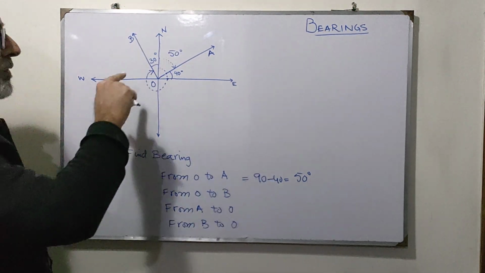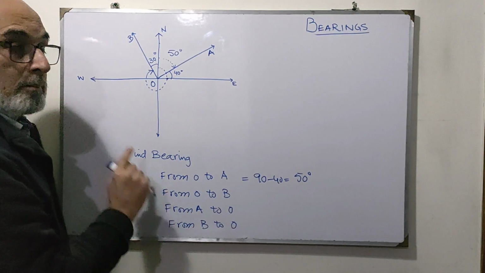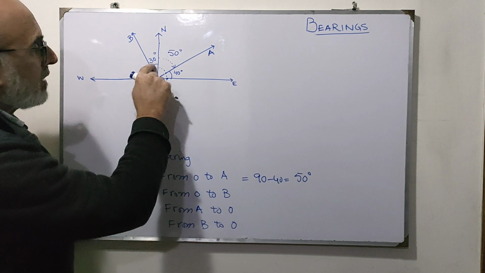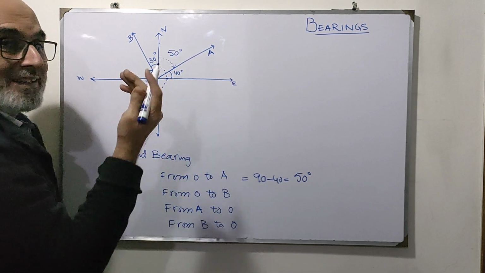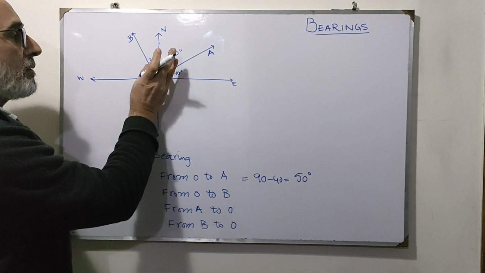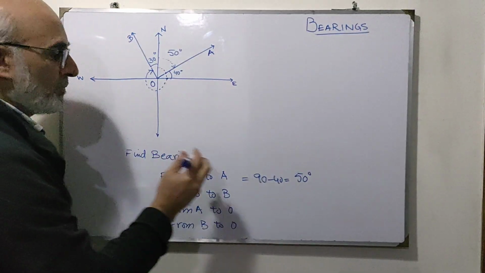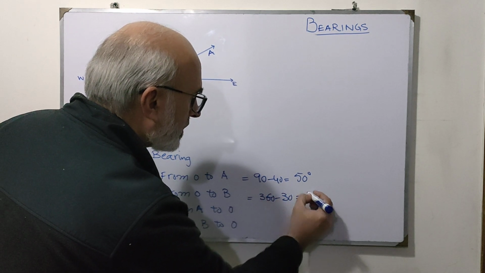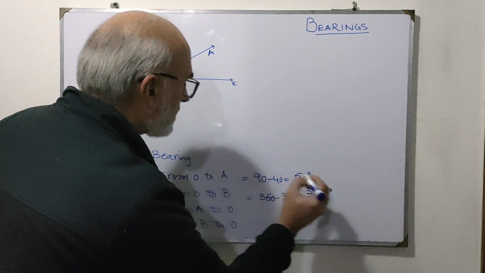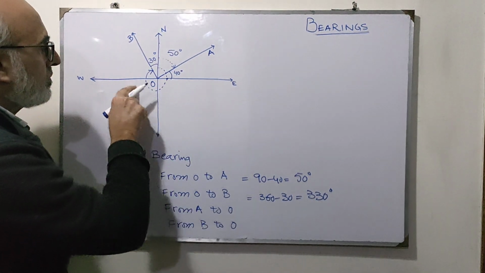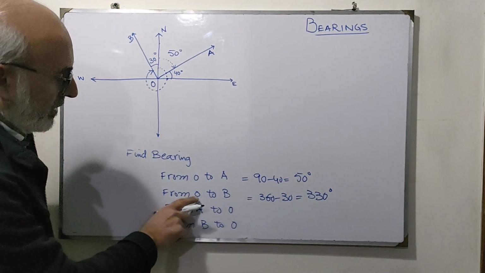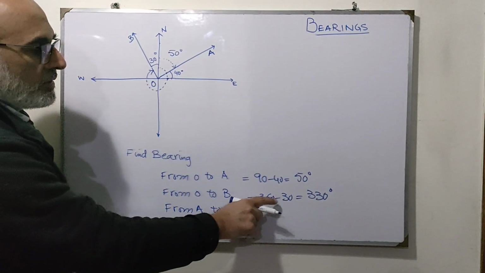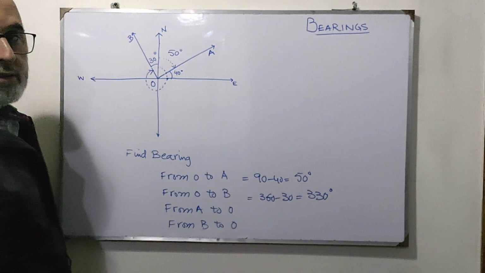So measuring the bearing of O to B, coming back to north it is 360 degrees, but we subtract the given 30. So it is 360 minus 30, which is 330 degrees, because this 30 angle is given.